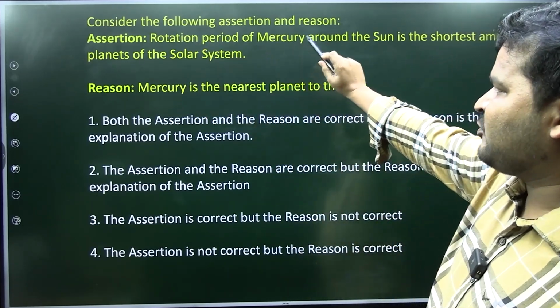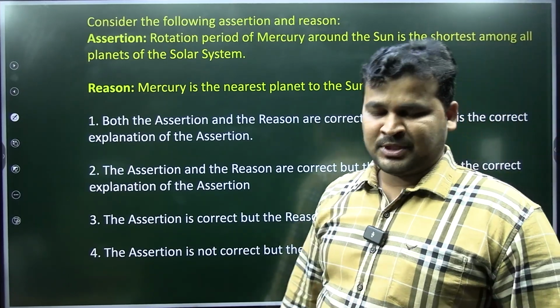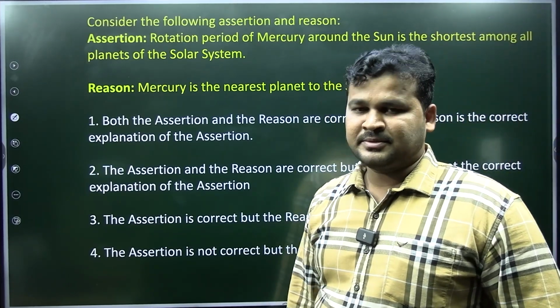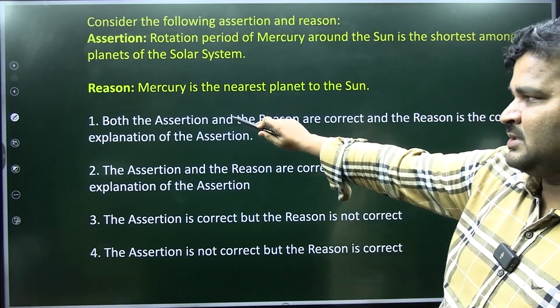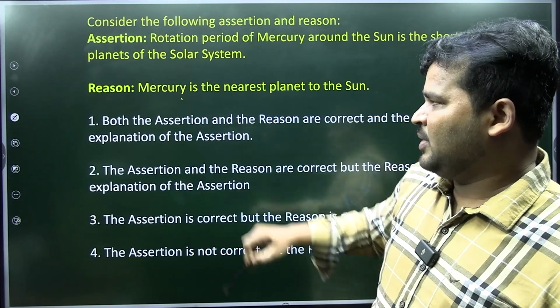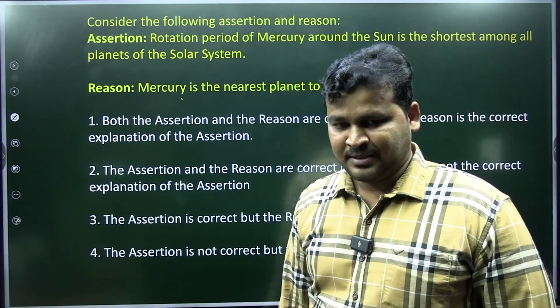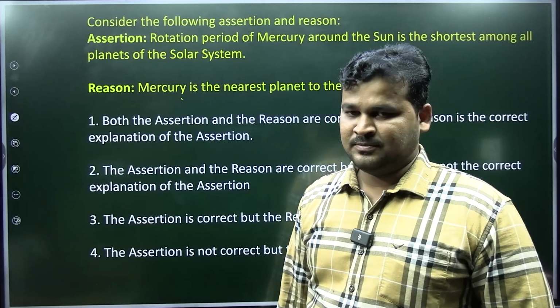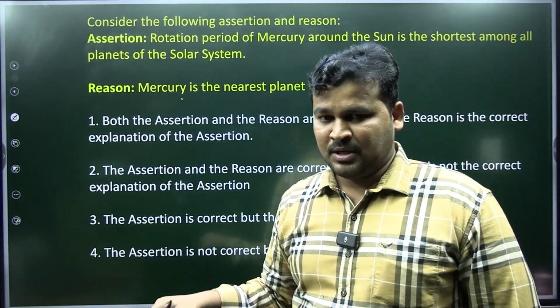He is asking, is it true or false? For the reason, they have mentioned that Mercury is the nearest planet to the Sun. So definitely Mercury is the nearest planet to the Sun.